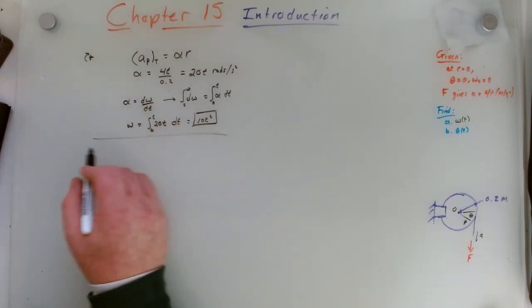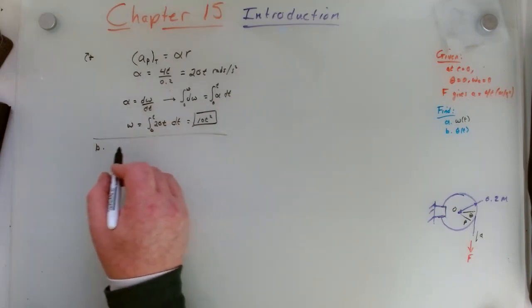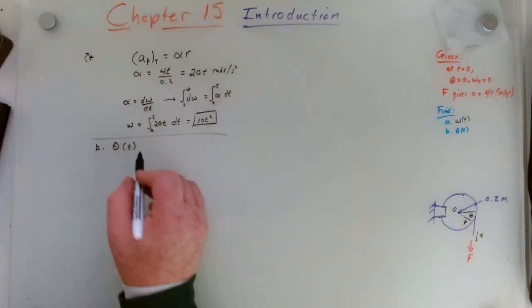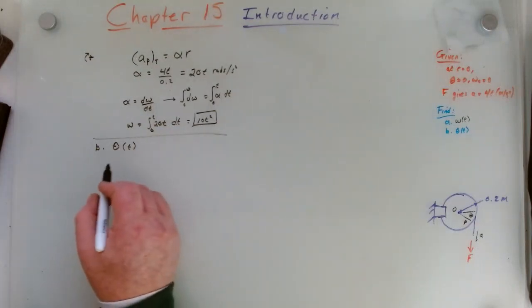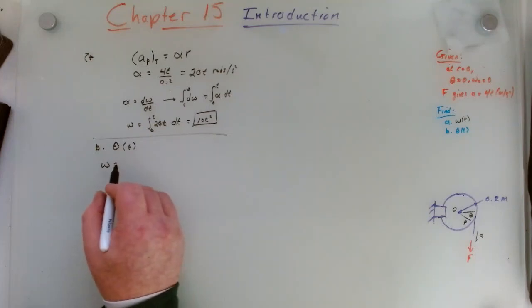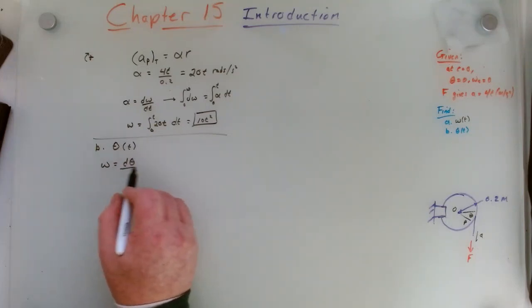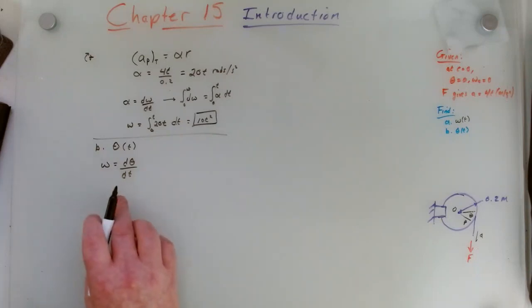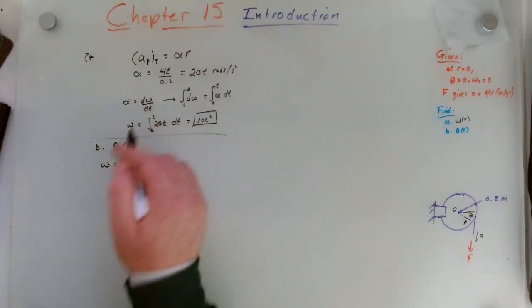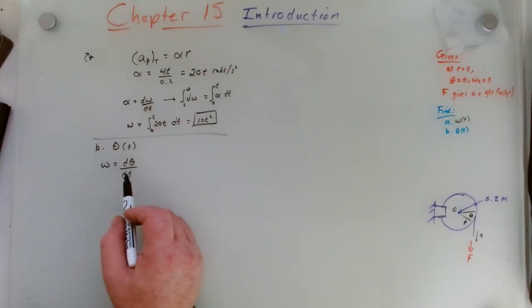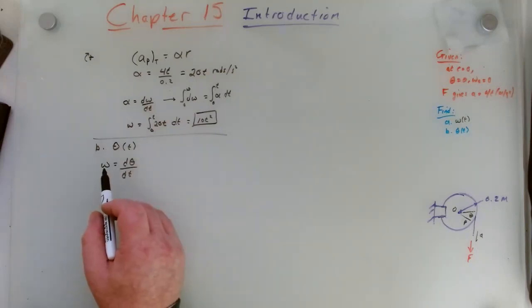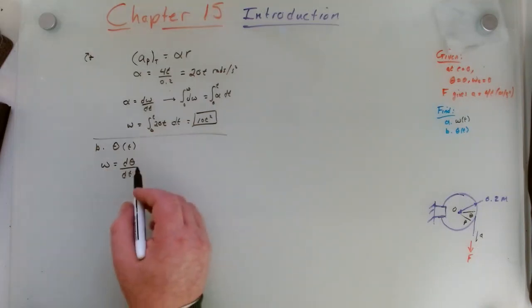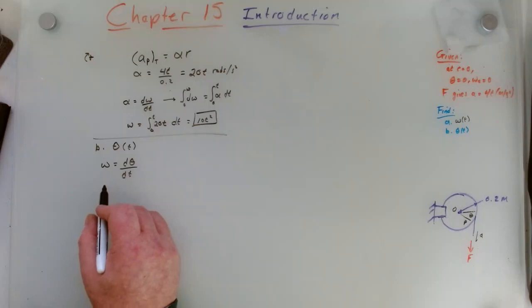Okay, and so for B, we want theta as a function of time, right? Well, what is omega except for d theta dt, right? And using the same strategy, we're going to end up as we did up here. What do we got here? d theta is omega dt, right? So d theta will go from 0 to theta, so this will be theta.